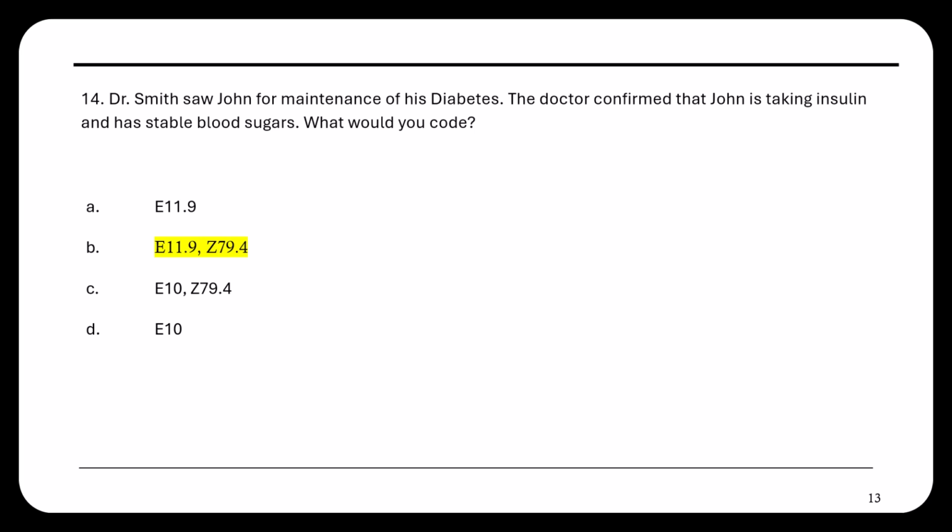So they bring him to the hospital, they leave him on insulin for a few days, and then he goes home. That insulin wouldn't necessarily be part of it because it was just used in the treatment. It wasn't a long-term use of the insulin. So in this case, we have E11.9 and Z79.4. Now, there is one for hypoglycemic drugs too, so don't forget that one either.